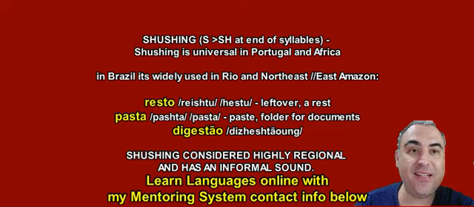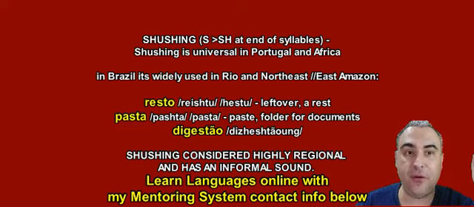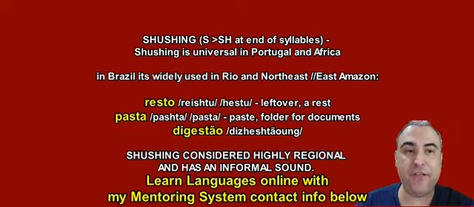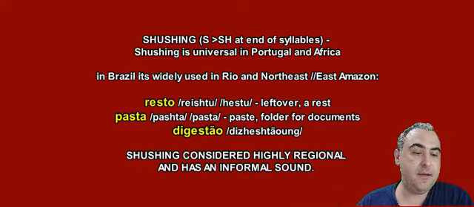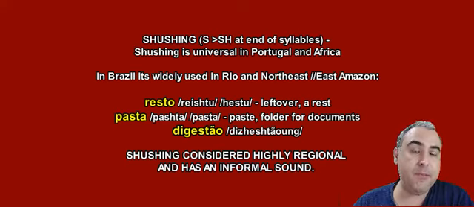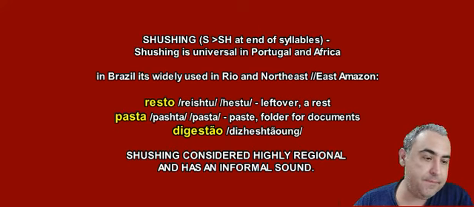In Rio, people might say digestão. Once again, this is a regional feature not typical of standard Brazilian Portuguese, but widely found throughout the country, but north of São Paulo mostly.